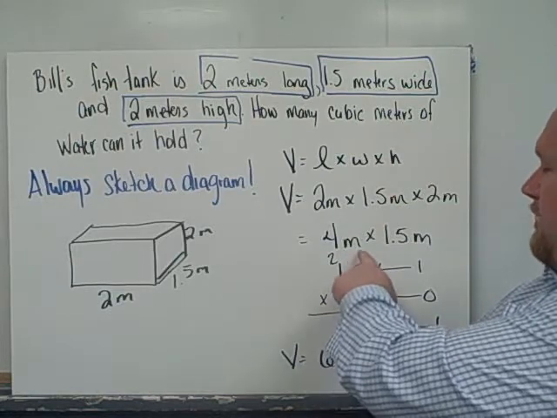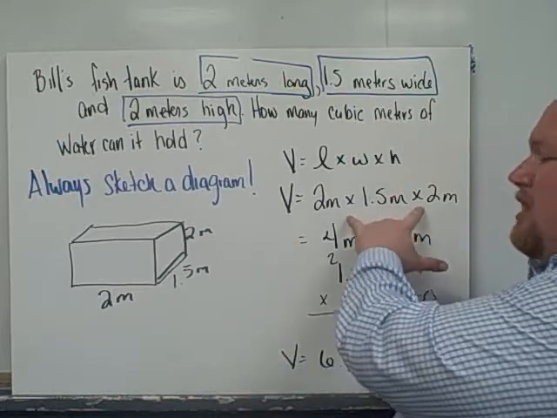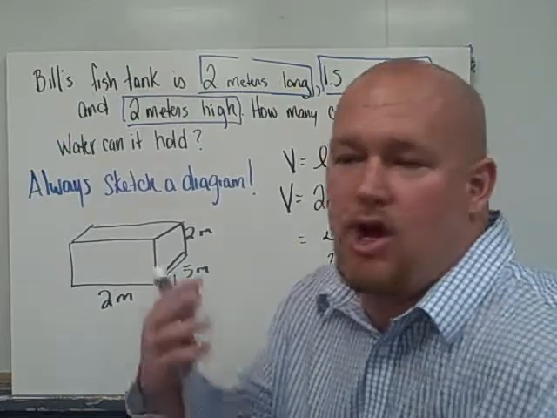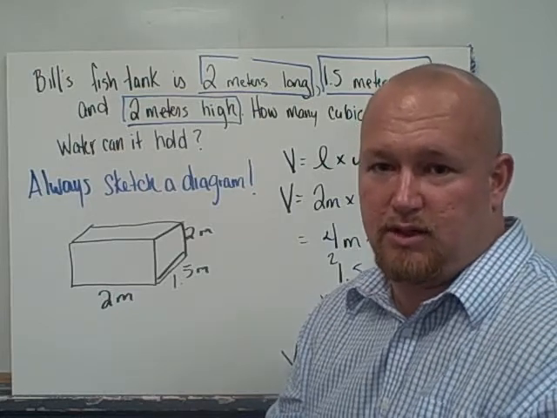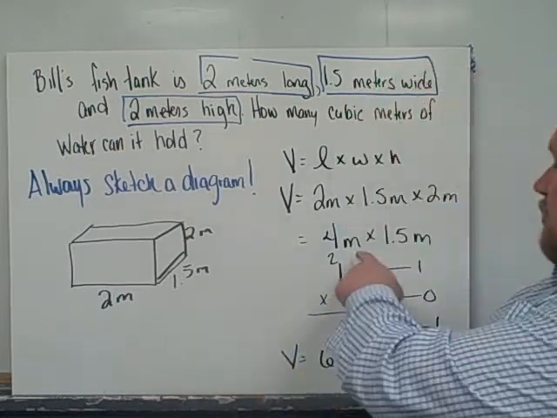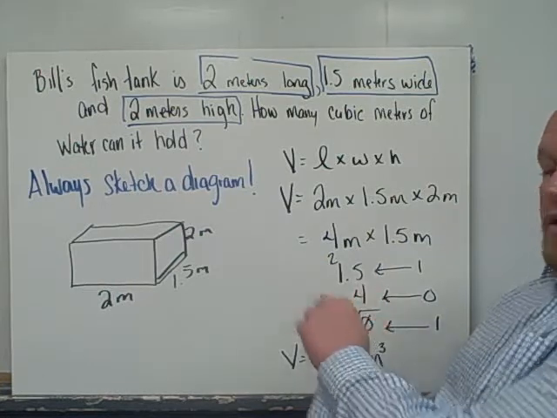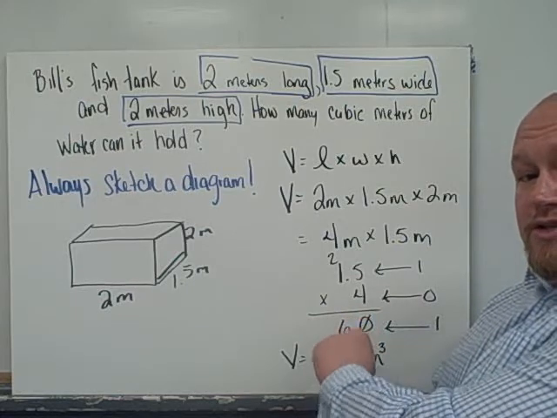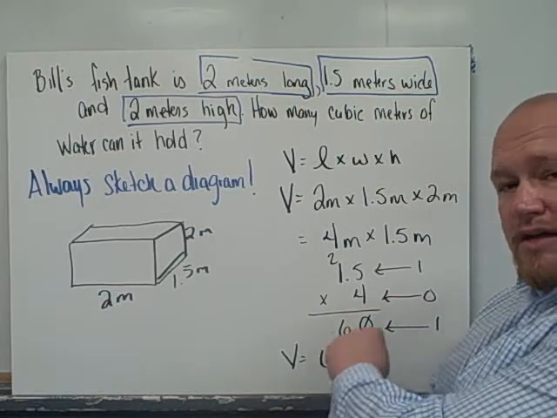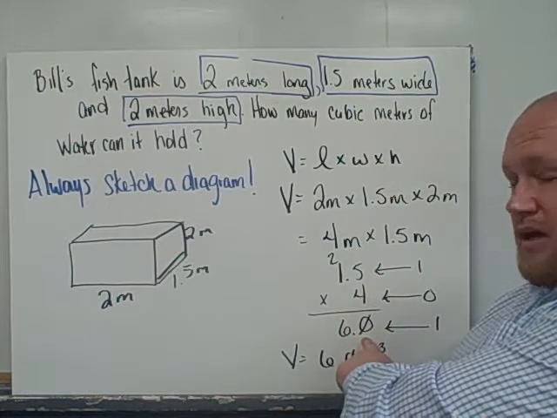That ends up with 4 meters times 1.5 meters. So all I did there was multiply 2 times 2 first because I know what that is off the top of my head. Multiplication being commutative. I take 1.5 multiplied by 4, I get 6.0. Now remember that when you multiply decimals, the number of places in the factors combined that are behind the decimal, 1 here and 0 here, have to be in the answer.